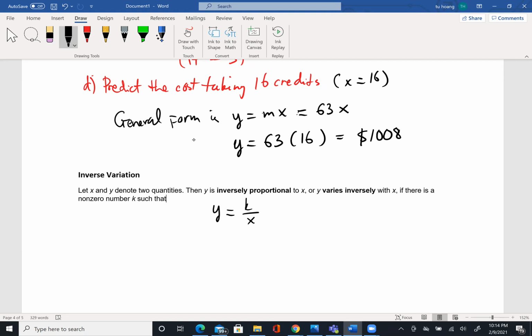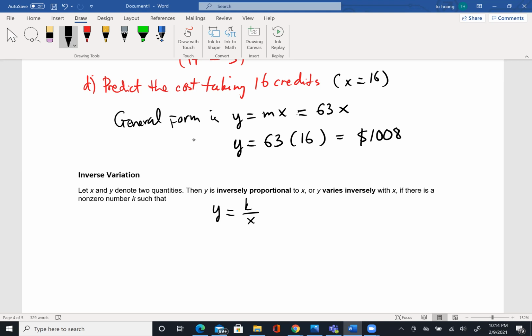So it is different from directly proportional.